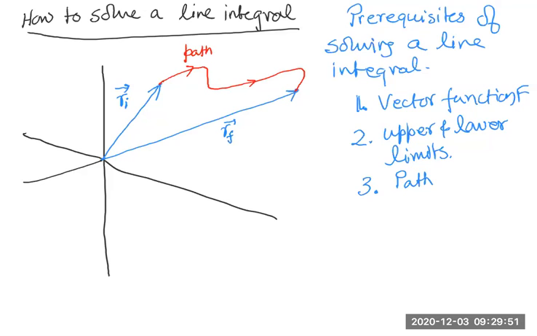And the answer is that since the line element is an infinitesimally small displacement vector, right? The line element is dx I cap plus dy j cap plus dz k cap, which is a step taken in space, or more accurately, it is a combination of three steps taken in space.